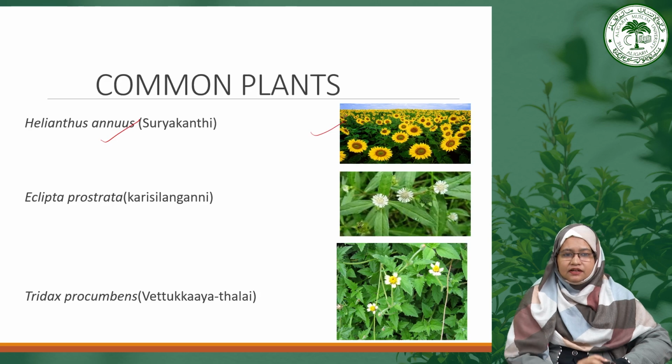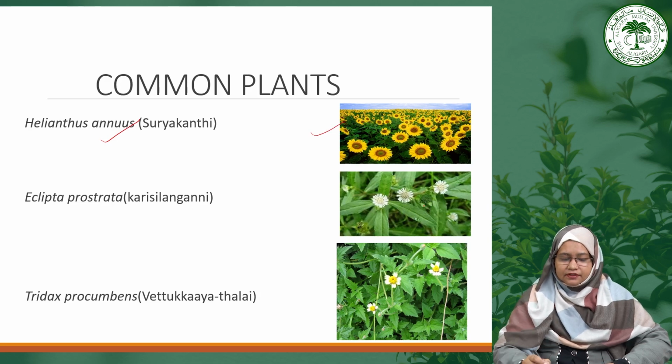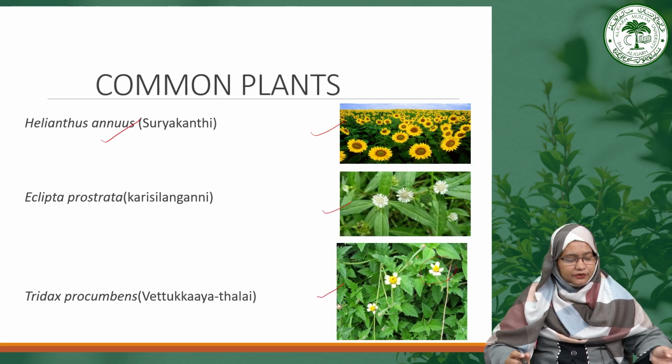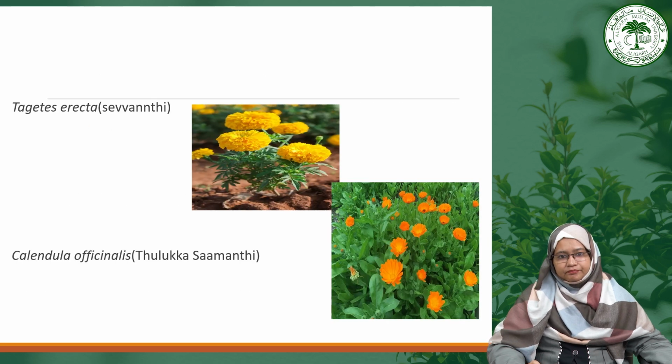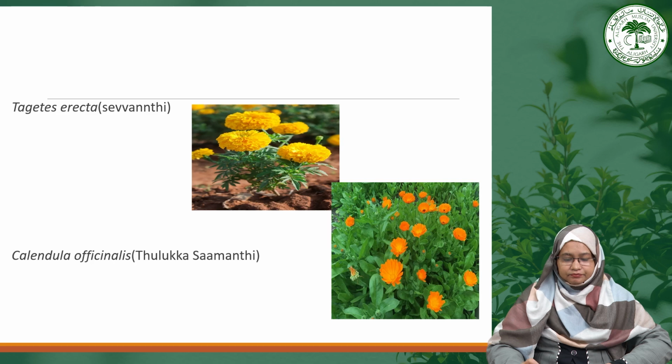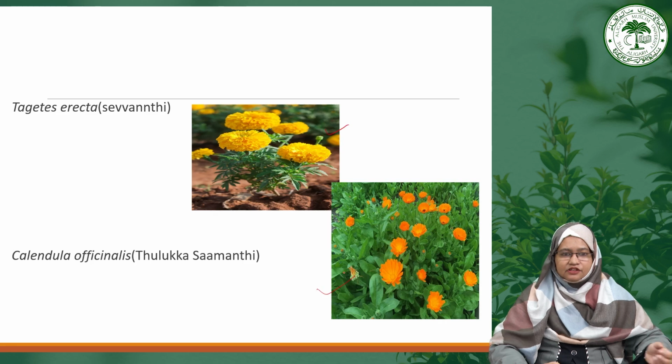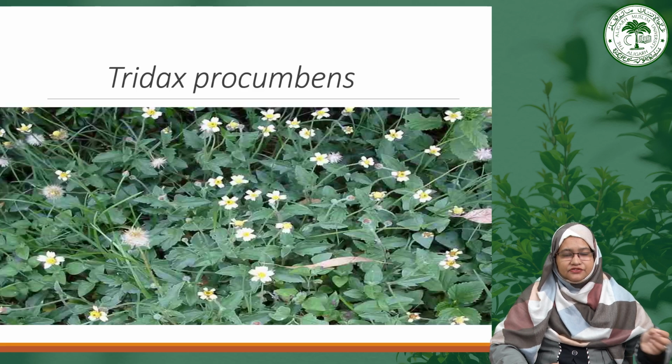Then the next one is Eclipta prostrata, that is one of the major common plants. Then Tridax procumbens, you can see this is the wild plant that is growing in most parts of the country. Then Tagetes erecta, that is also called Genda or Marigold. Then Calendula officinalis. Yes, you can see these are some common plants of the family Asteraceae.